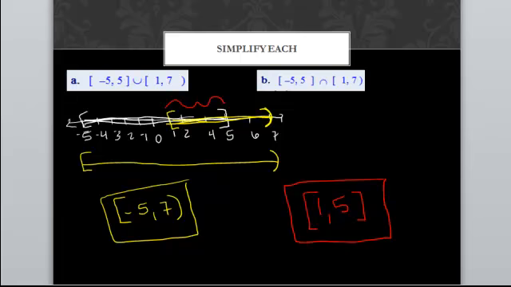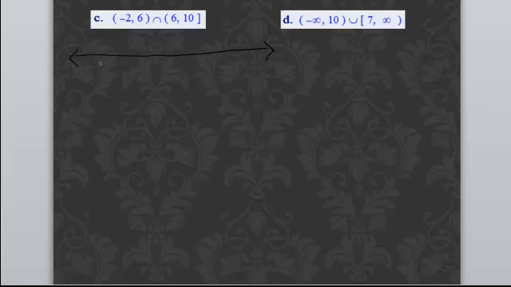I have no idea what color will work. We'll just try this one and see if it works. Okay. Alright, -2 to 6 and then 6 to 10. So I need to go all the way from -2 to 10. -2, -1, 0.